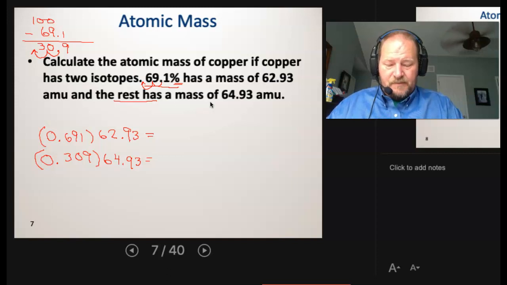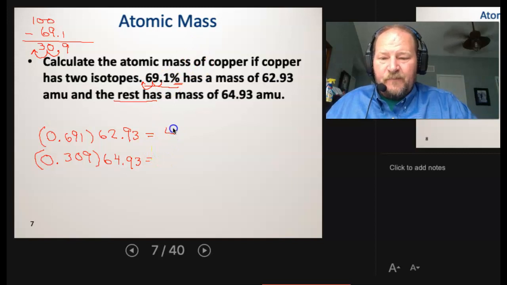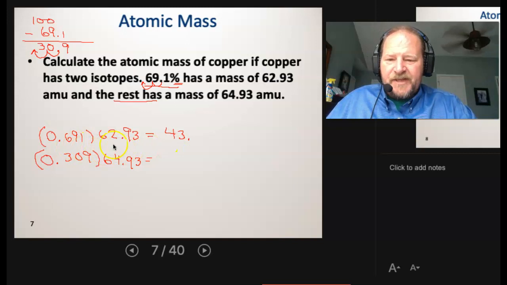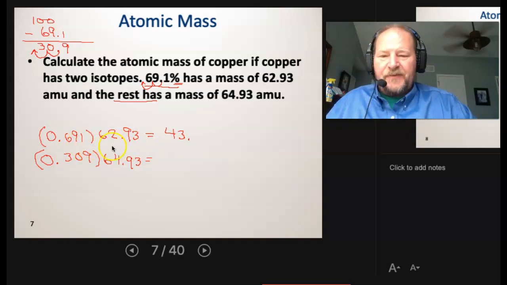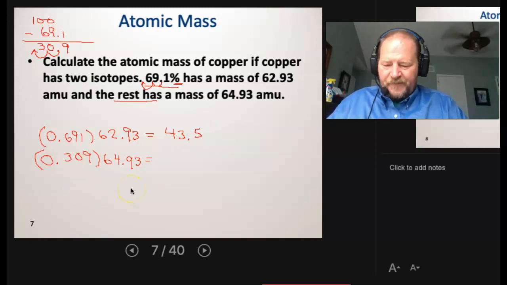Let's see, calculator, and we're going to do 0.691 times 62.93, and that's going to give me 43. How many sig figs do I get here? Well, I have 3 in my percentage and 4 in my mass, so I'm going to keep 3 of these. So 43.5. Now I'm going to do the same thing with the 0.309.